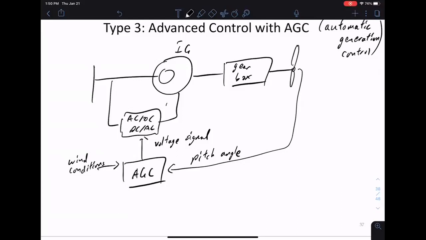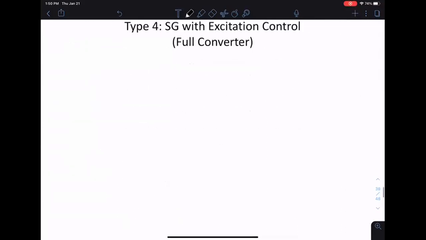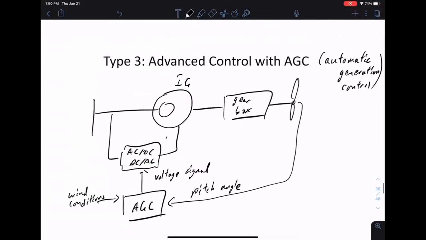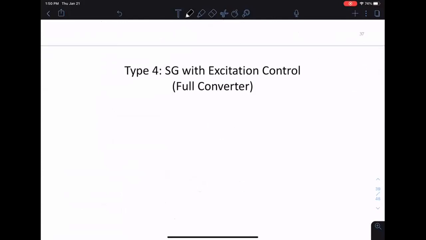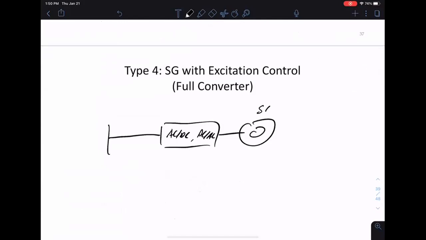Then, if you look at type 4, as the AC to DC converters get better and better, we can get rid of the gearbox and just have this kind of converter. So this is now a synchronous generator, but we don't need a gearbox.